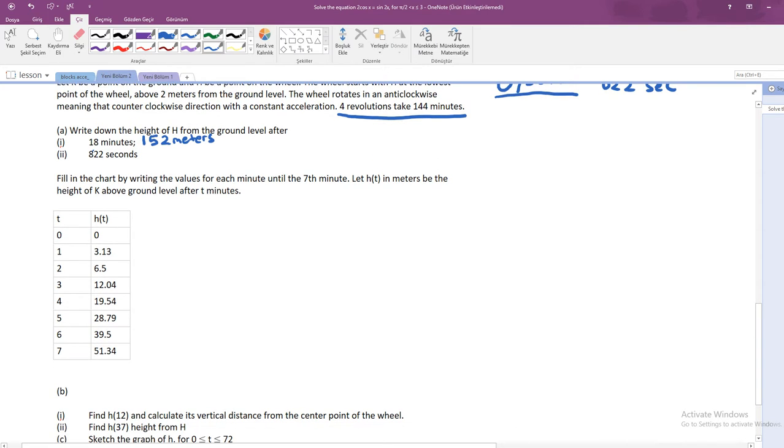We have to first create an equation. In a trigonometric function, especially in differential problems, there is an equation like this: y equals a sine (b times (x minus c)) plus d.